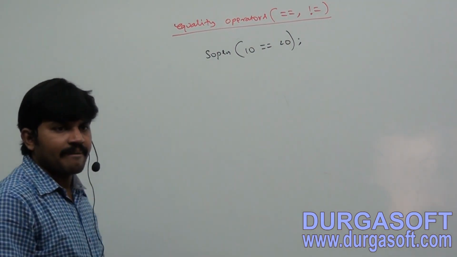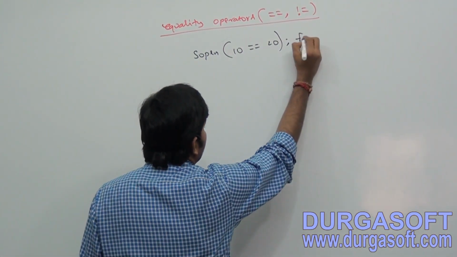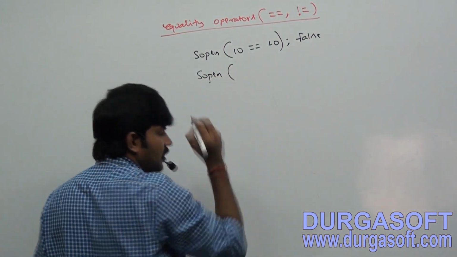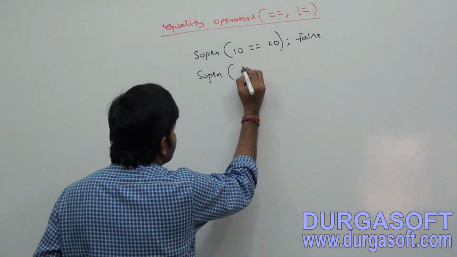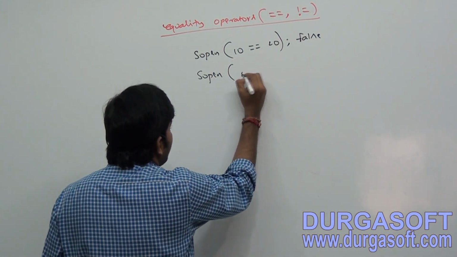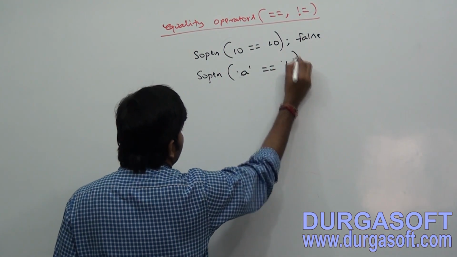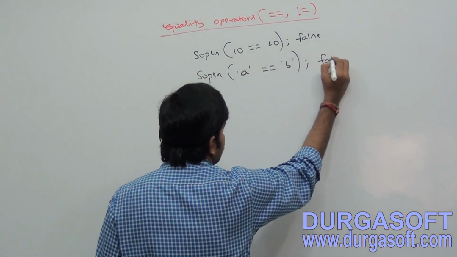What is the answer? False. Then System.out.println of a double equal to b. What is the answer? False.